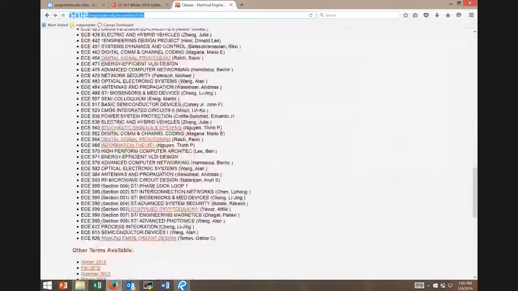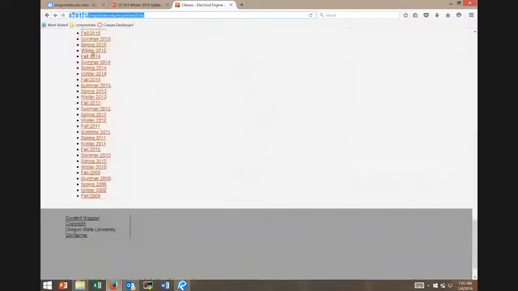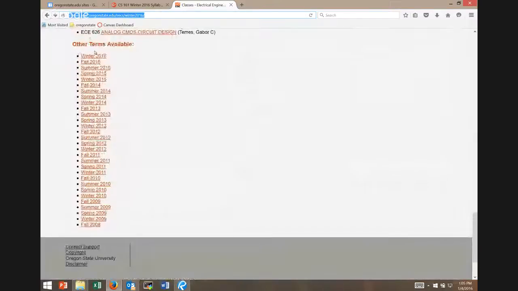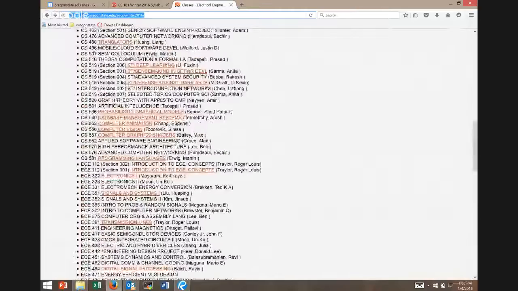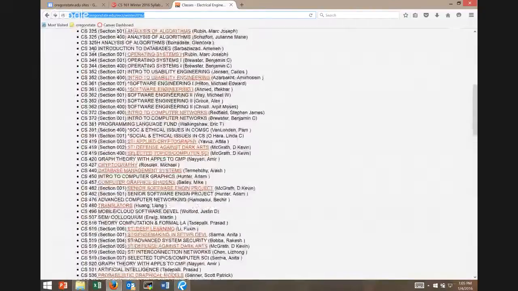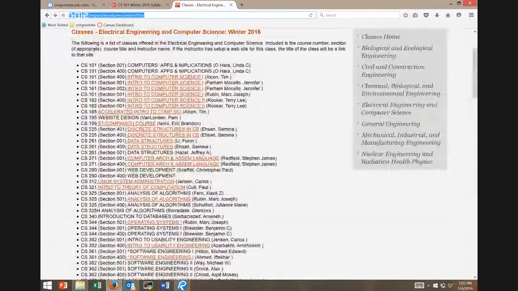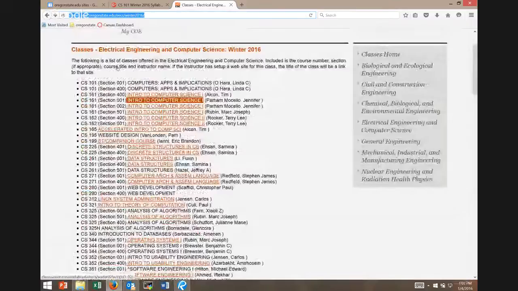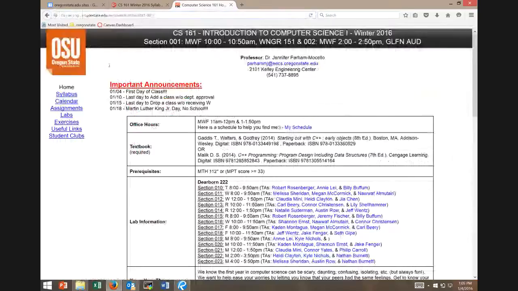You can even go down and see web pages from prior terms, which sometimes have tests and some other material that's of interest. And if you go to either section 001 or 002, it will bring you to the same exact page.